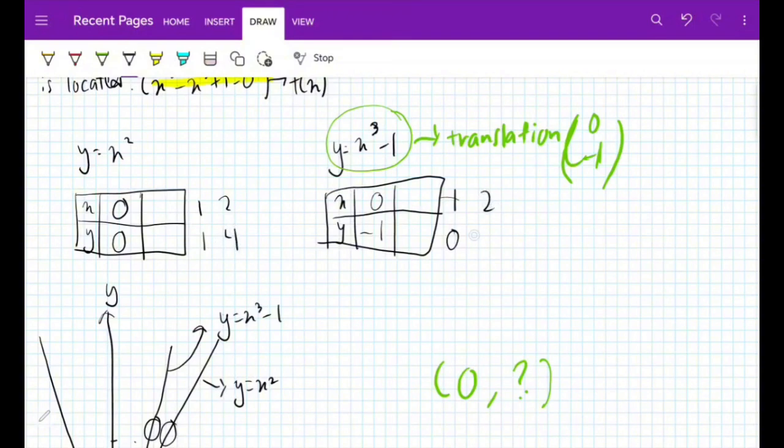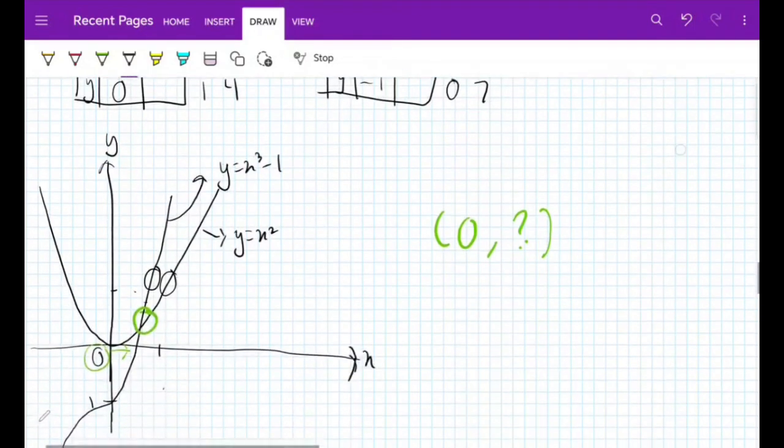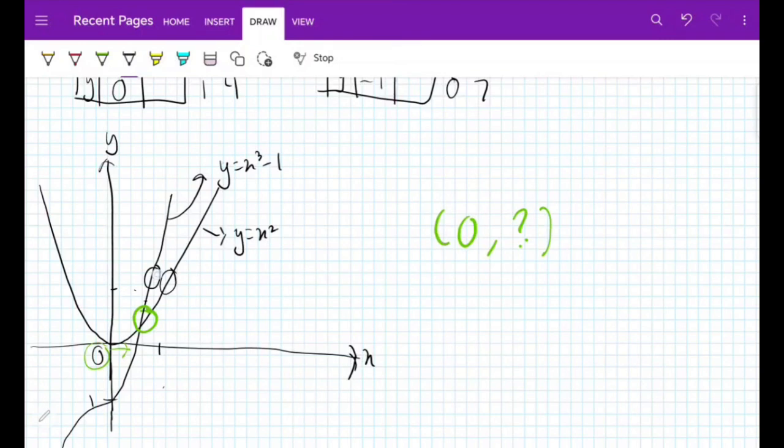Use 2 here, y will be 7. From this we know that the y value is higher for cubic than quadratic, so we can assume this part is equal to 2. We just interpolate it. For the quadratic one, this side will be 4, and for the cubic, if you go up here, this side will be 7. So now we know that our interval is 0, 2.